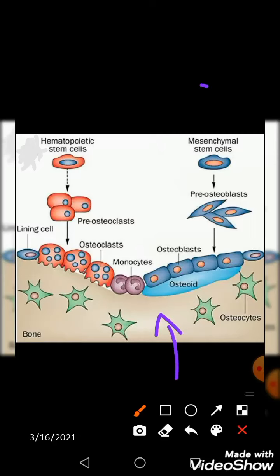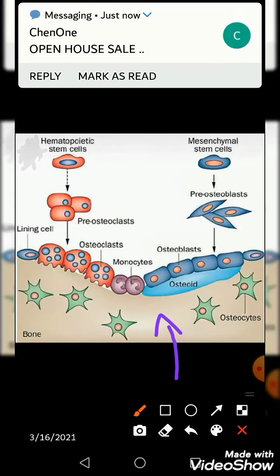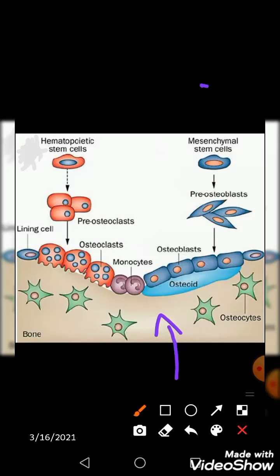It will retain its shape but breaks very easily. And if we remove the inorganic component from the bone, it becomes so soft and so flexible, like a tendon.